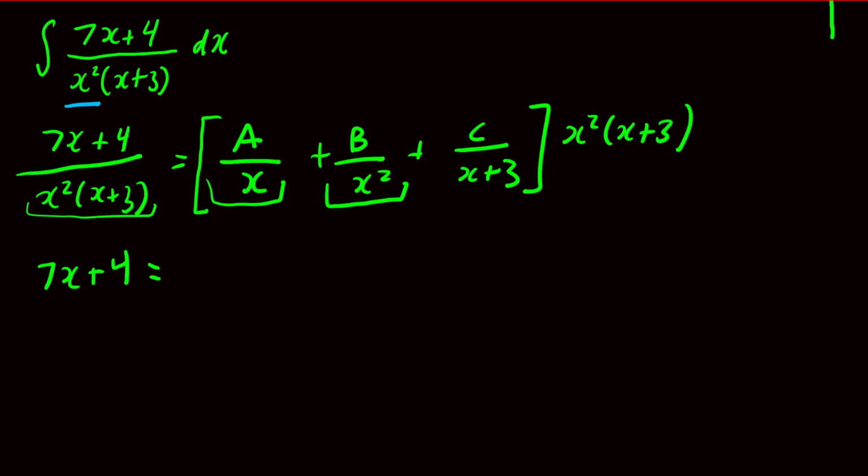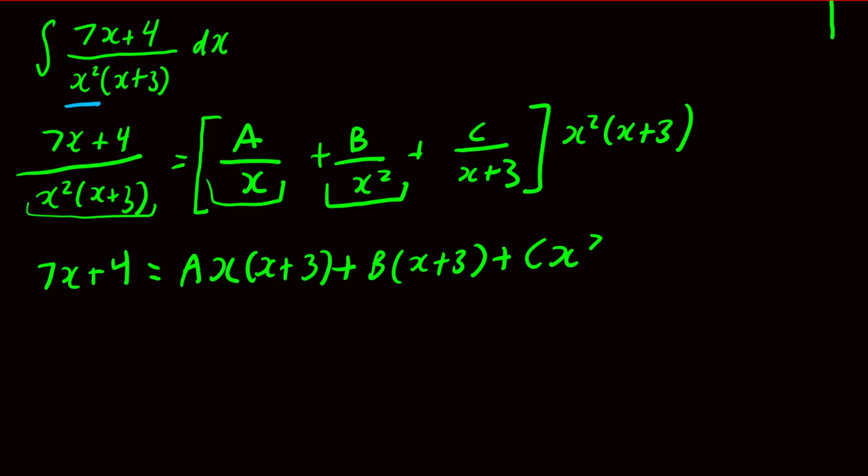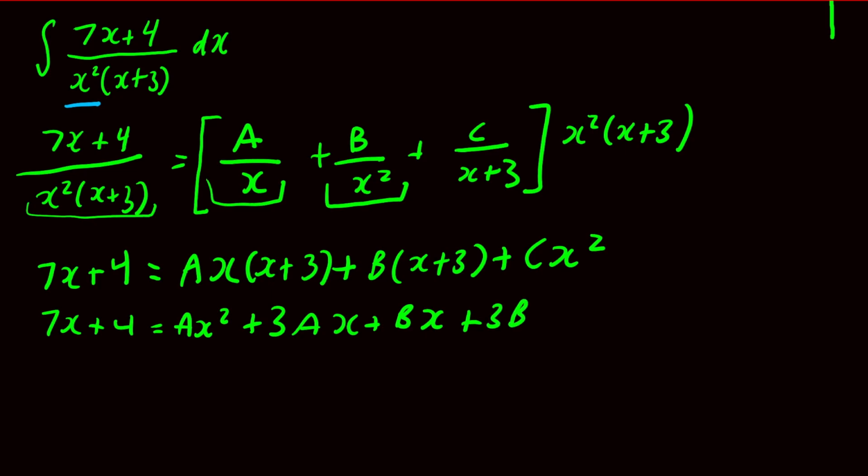Well, this A, the x's will cancel, so it'd be A times x times (x plus 3), plus the x squareds cancel, so just B, plus the x plus 3 cancel, so it's just Cx squared. Now let me just expand it a little bit more. Ax squared plus 3Ax plus Bx plus 3B plus Cx squared. Oh wow, that's a lot of heavy duty algebra.